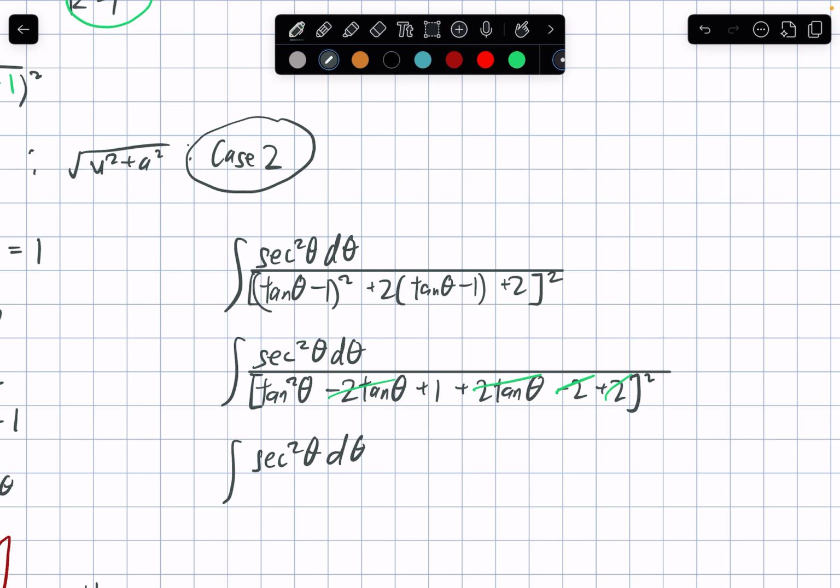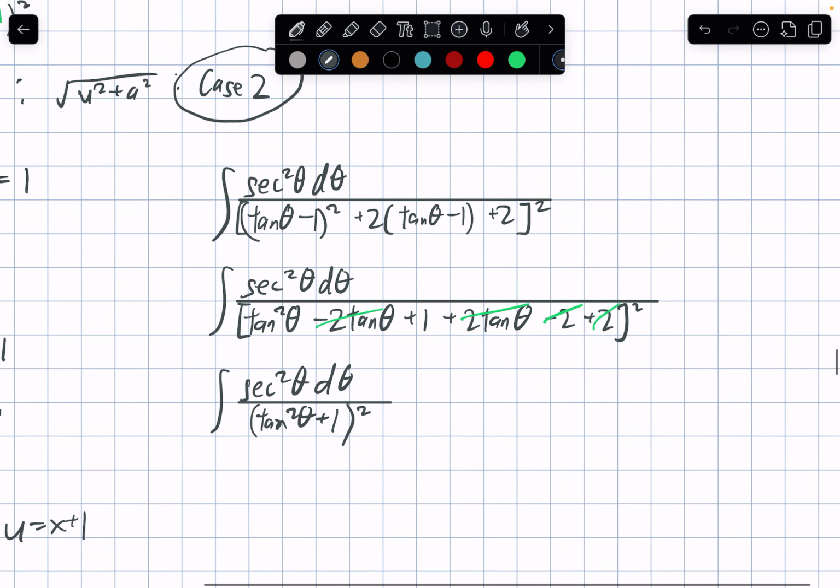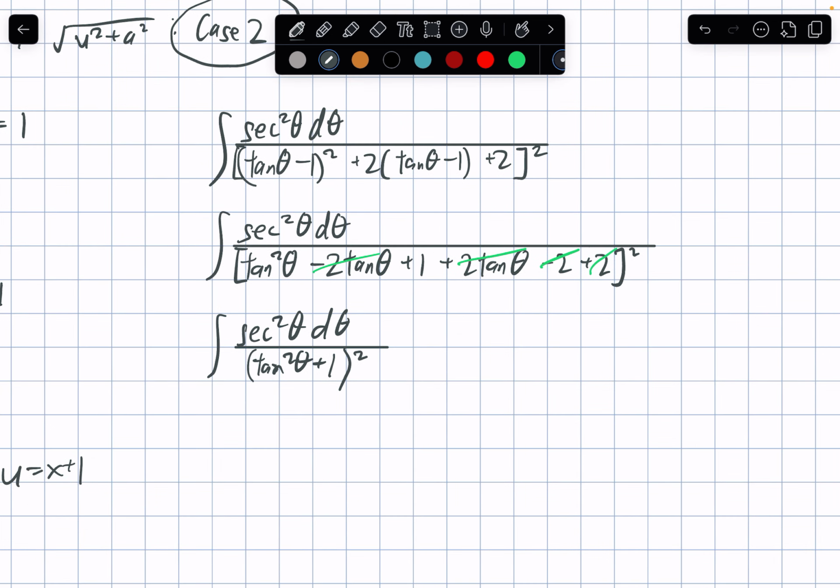So what we're left with is tangent squared theta plus 1, and then don't forget the squared. Tangent squared theta plus 1 is also secant squared theta.